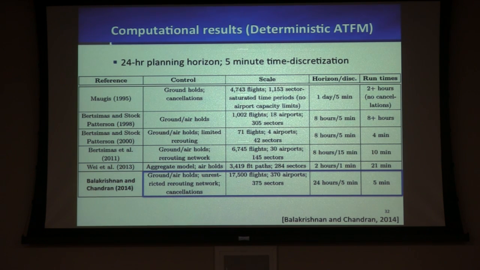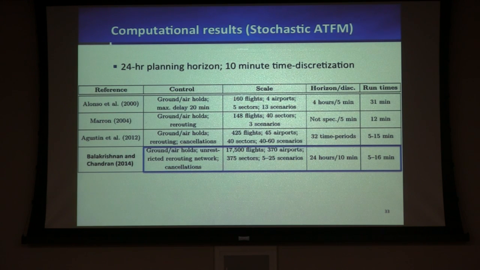This was on a MacBook Pro with 8 virtual cores, and a 24-hour day you can solve in about 5 minutes. The stochastic version takes a little longer, but it depends on the number of scenarios and so on, and you can come up with good results there.